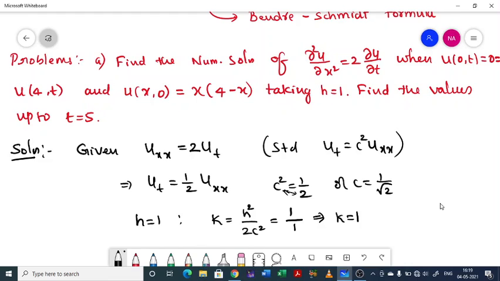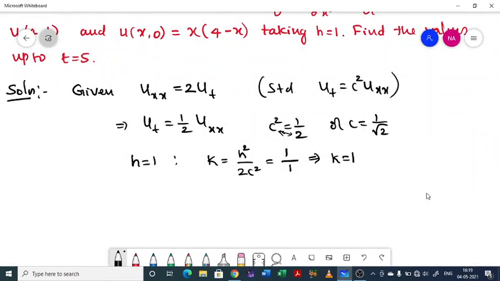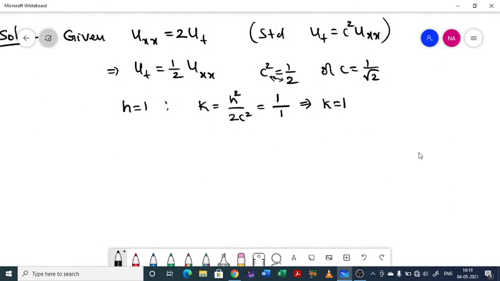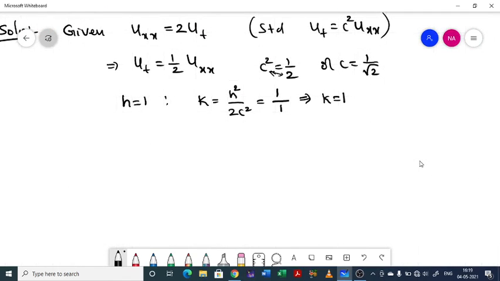Now, the initial and boundary conditions need not be written again here; or if you want you can write them, it is just like collecting the data. So your x0 will be 0, x1 will be 1, then 2, 3, 4, that will be xn.